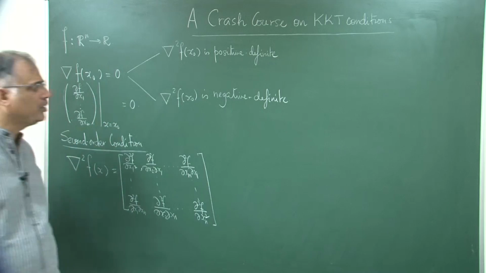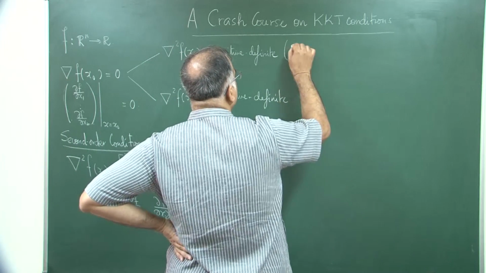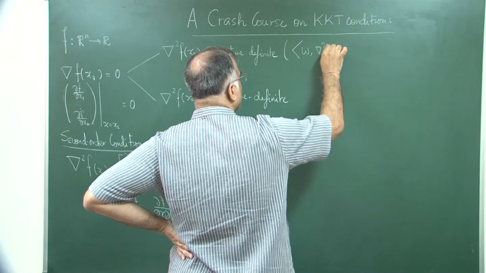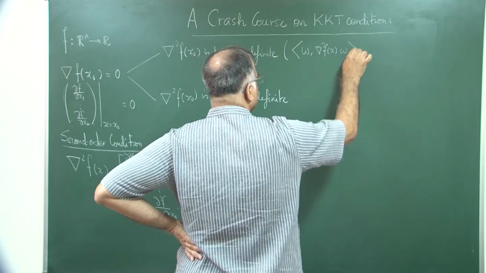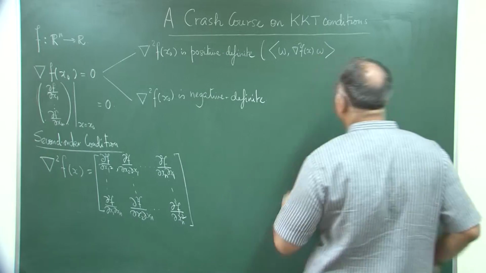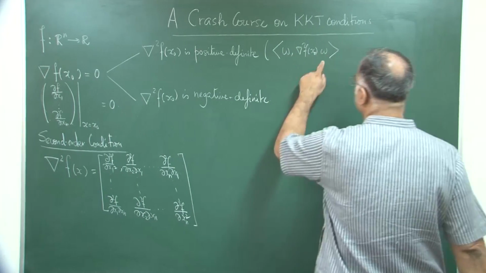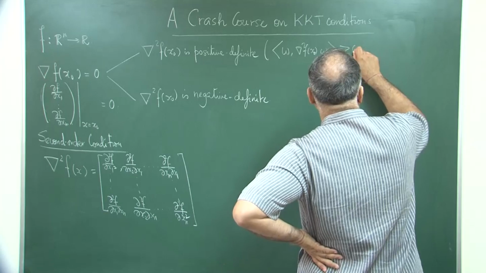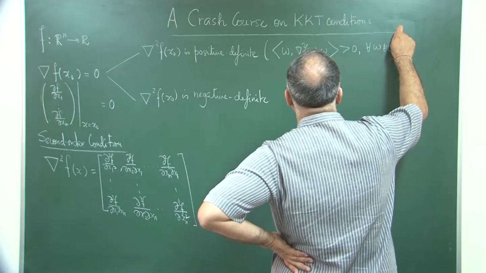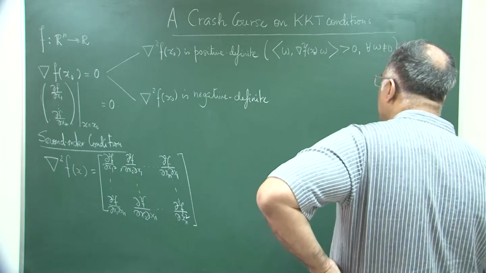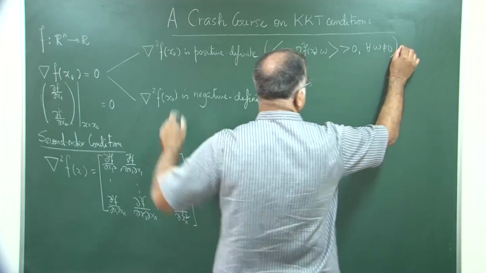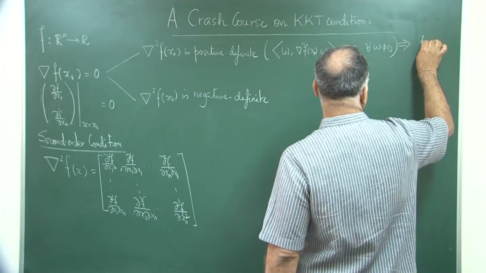So, if it is positive definite, it means that you take any vector w and take this inner product: first operate f of x naught on w and then take inner product with w. If this is strictly bigger than 0 for all w not equal to 0, we call this positive definite. So, if grad f x naught is 0 and this is positive definite, it implies that x naught is a local minimizer.